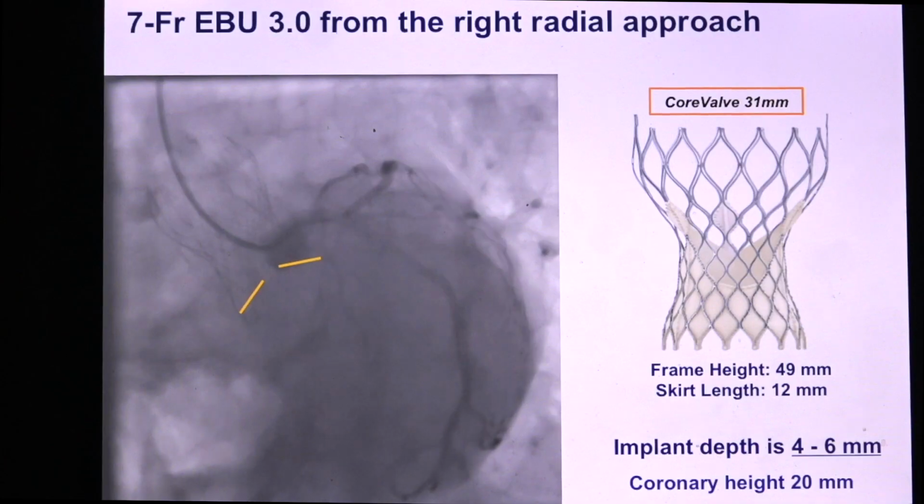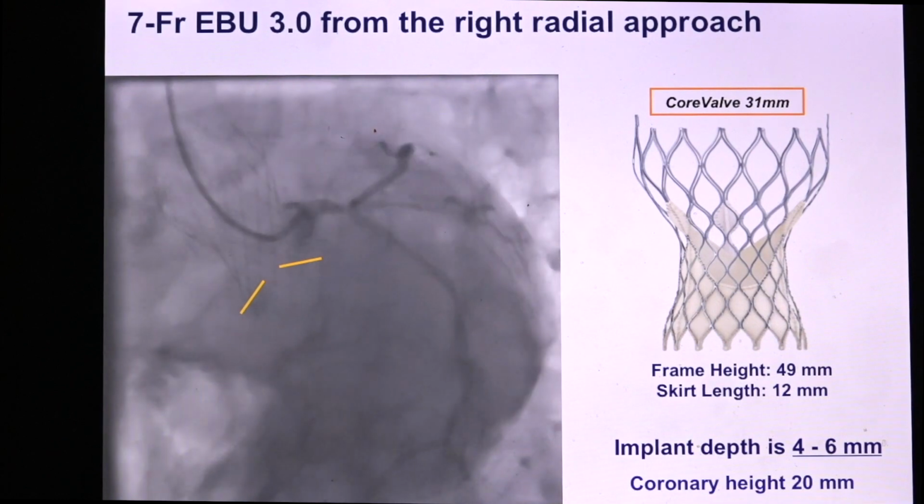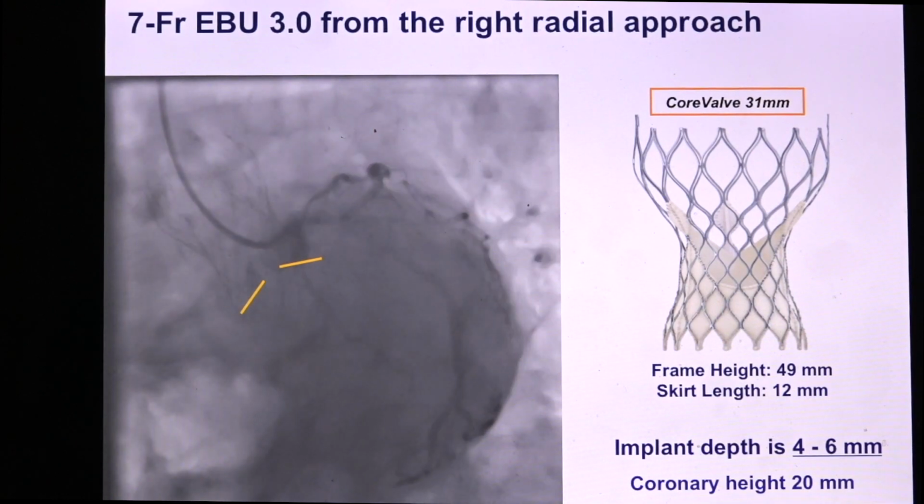We also had difficulty engaging the left coronary, so we used a stiff end of the J-wire to get some support, and without prolapsing this EBU3 catheter into the core valve strut, we engaged the left coronary artery. As you can see, the patient has a severe distal left main, also extending to the proximal LAD.